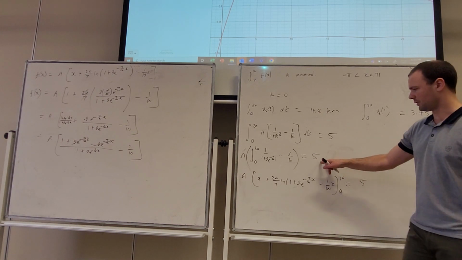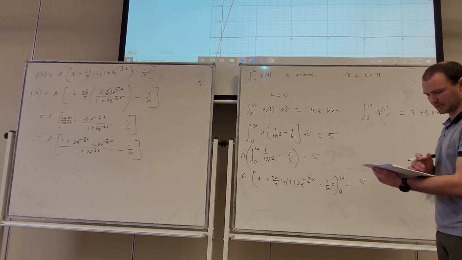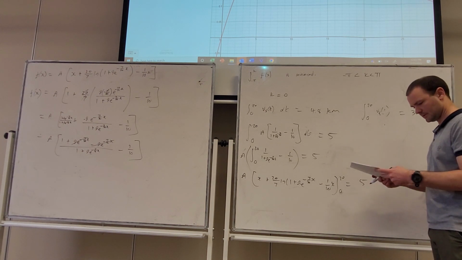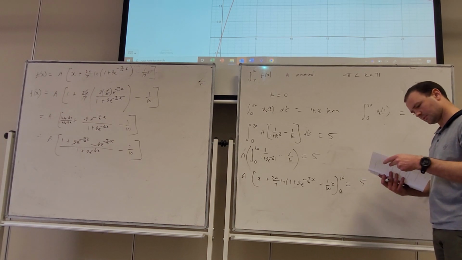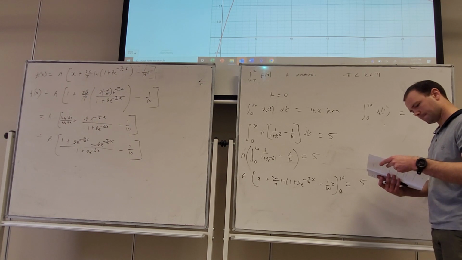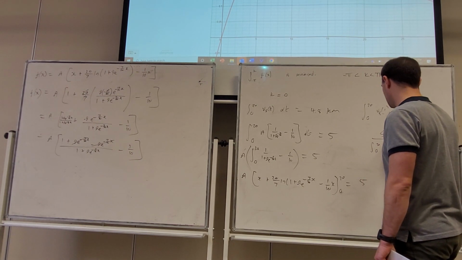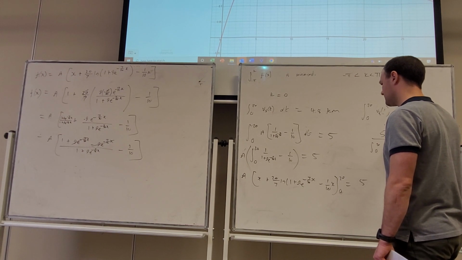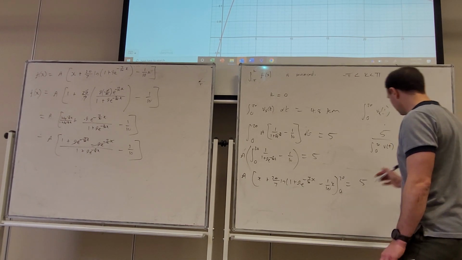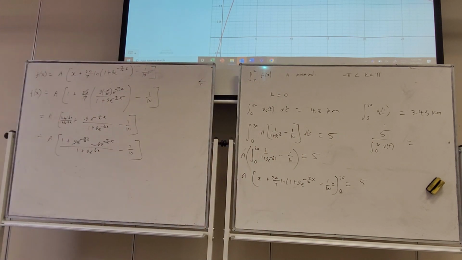I'm just going to put this part in my calculator. It doesn't say to do it exactly. I think we've shown it up there. Does it say to do it exactly? No. So 5 on top of the integral from 0 to 20 of Thomas's velocity function. Let's evaluate that.